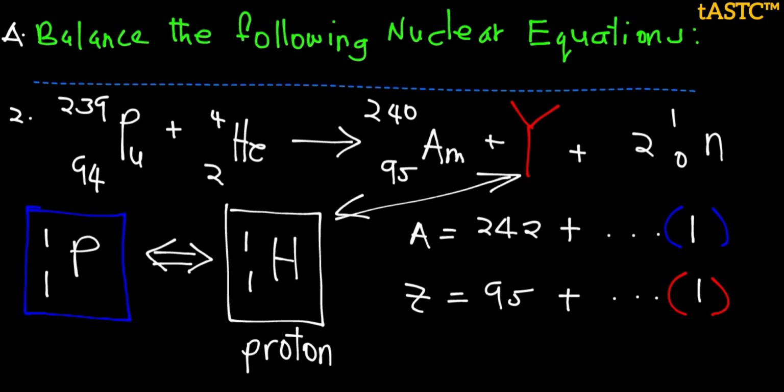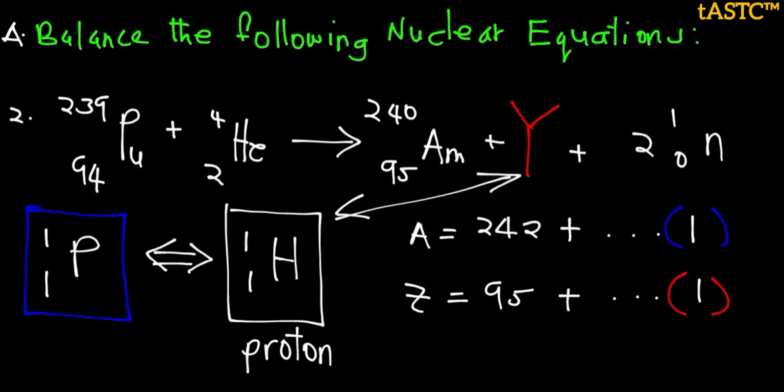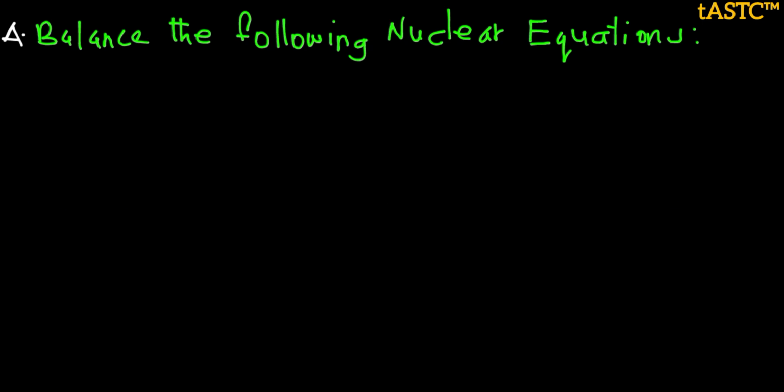Now let us move straight up to the last one. So the third one is you have a 238, and that is uranium. And you have a nitrogen nuclide.